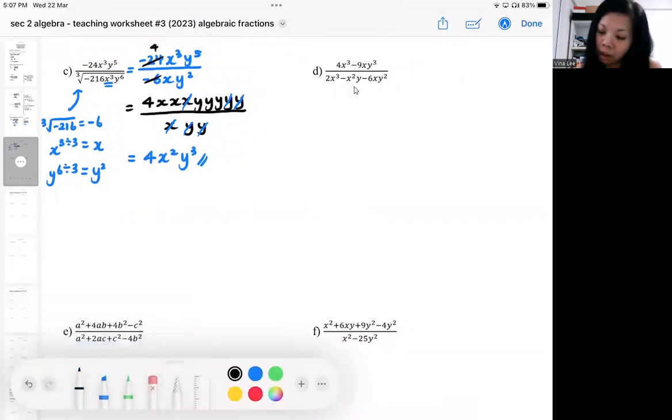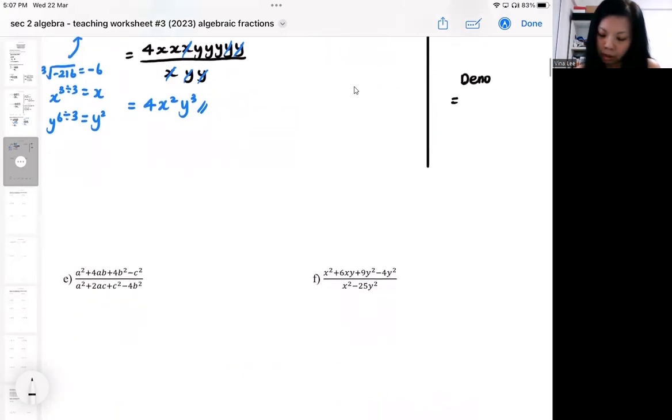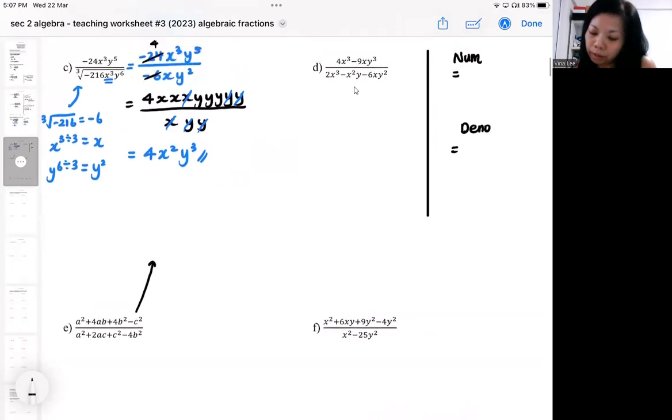So I will need you to focus on the factorization of the numerator first and the denominator. Same for here, you need to focus on the factorization first. Each of them, you've got to focus on the factorization.